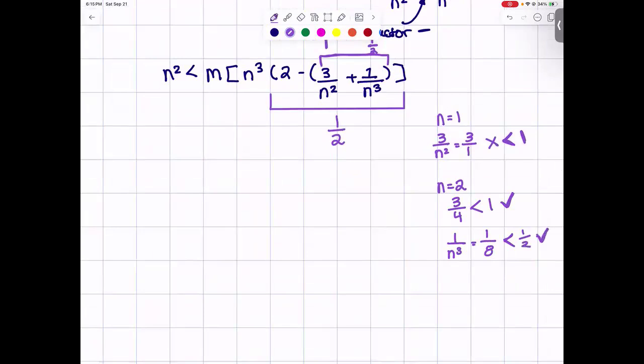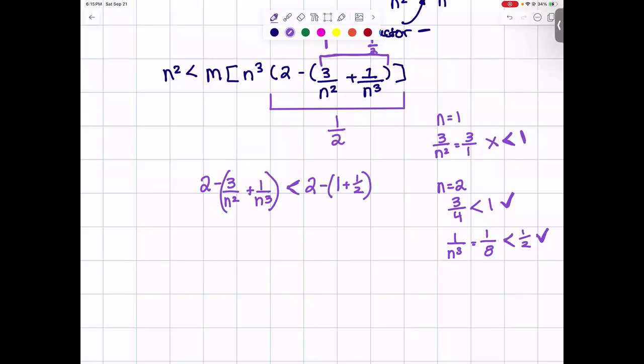We've now found a value for n where we can say that our original value is less than 1.5. So what we're going to be able to say shortly is that 2 minus 3 over n squared plus 1 over n cubed, like this, is strictly less than 2 minus 1 plus a half.